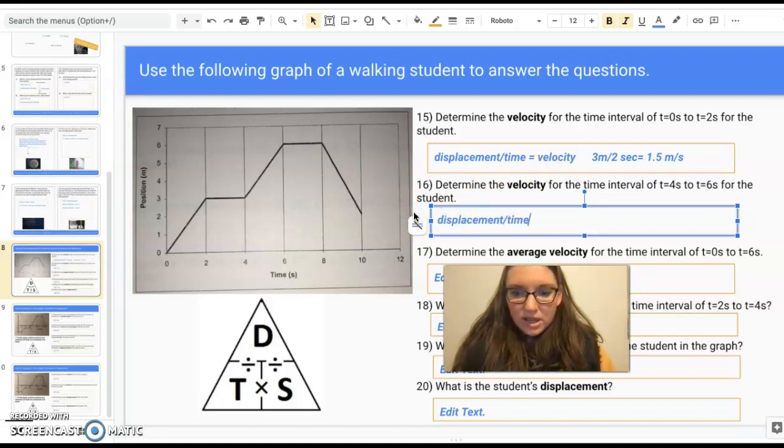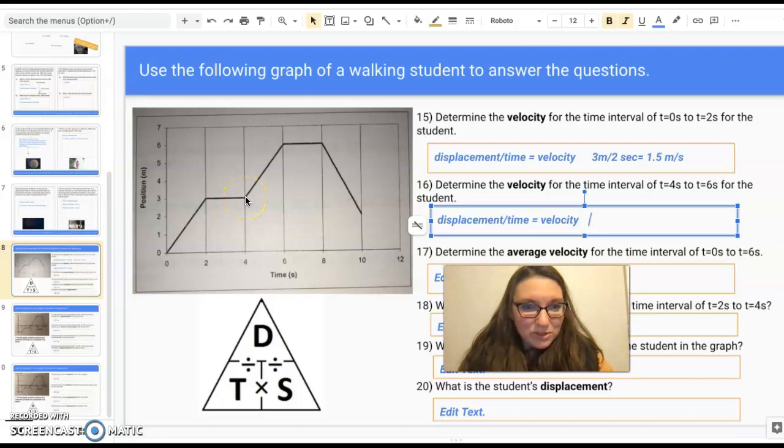Displacement divided by time equals velocity. Okay, so displacement just means how far they moved. They went from 3 meters to 6 meters, so that's 3 meters in 2 seconds. Okay, so that's another 1.5 meters per second.